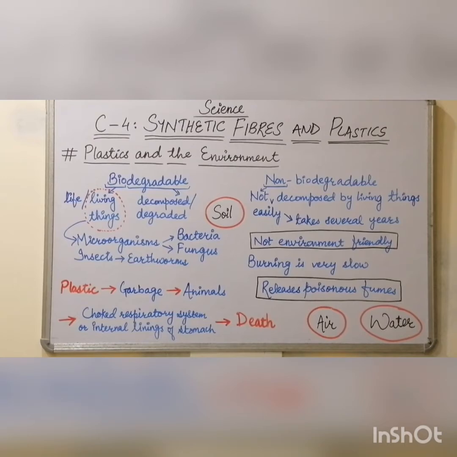Now, suppose we don't want the animals to eat those plastic bags and other materials, what are we doing? We may burn the plastic. There is one method of burning the garbage. Whenever garbage heaps are available, people generally burn that garbage material.